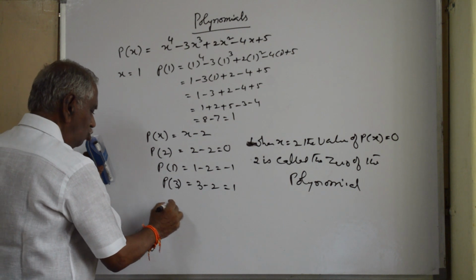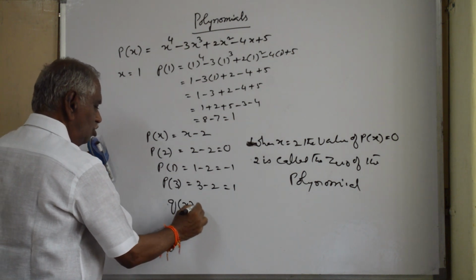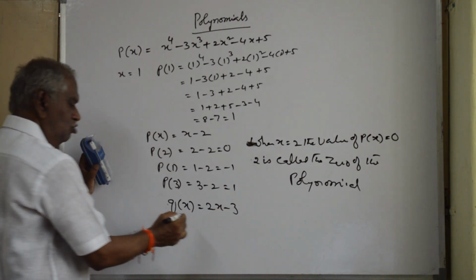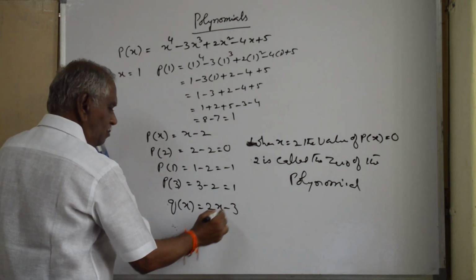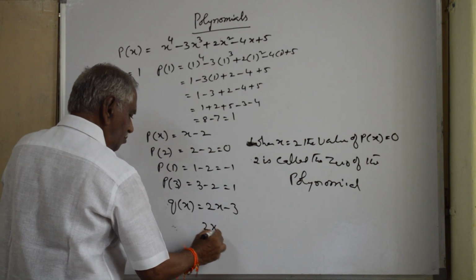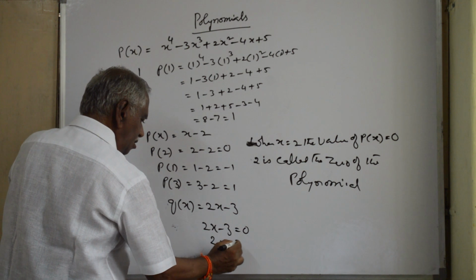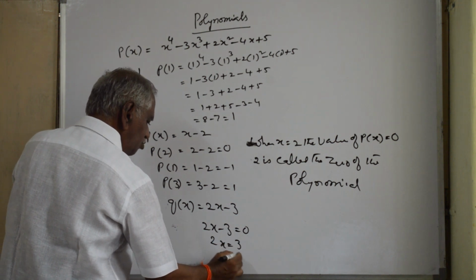Suppose you take Q(x). Q(x) is equal to 2x minus 3. When 2x minus 3 is equal to 0, what is 2x? 2x is equal to 3 and x is equal to 3 by 2.